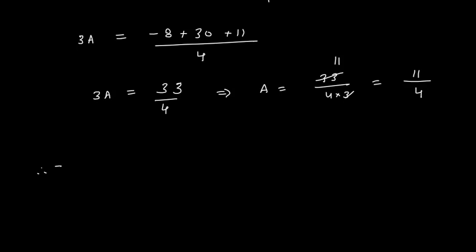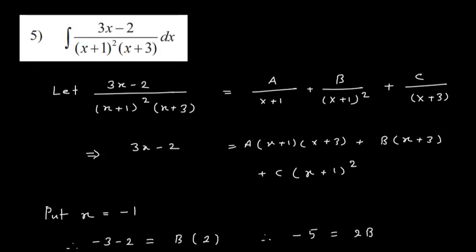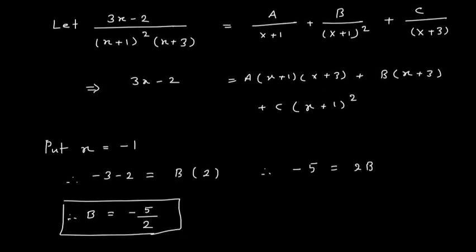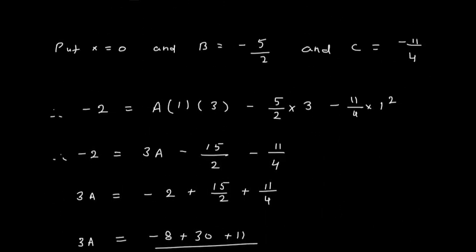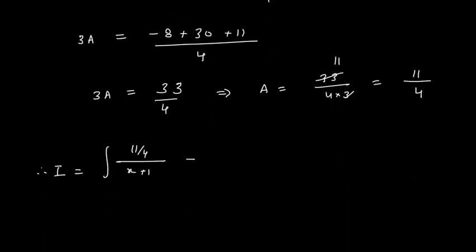So therefore integration I, we will say that I is equal to integration of a, that is 11 divided by 4, whole divided by, now with a I have in the denominator x plus 1. So a upon x plus 1. So here we have plus b. Now the value of b is negative. Value of b is minus 5 divided by 2. So here we have 5 divided by 2 upon, here we have x plus 1 the whole square, and plus c.